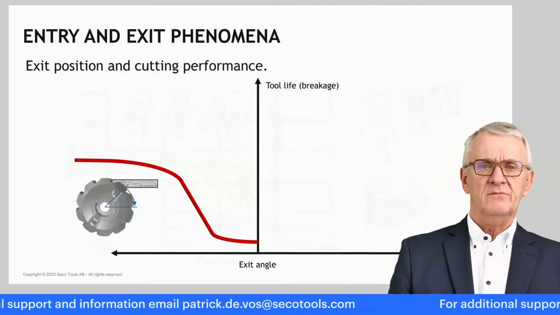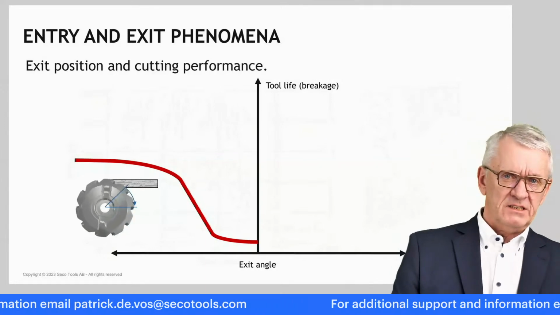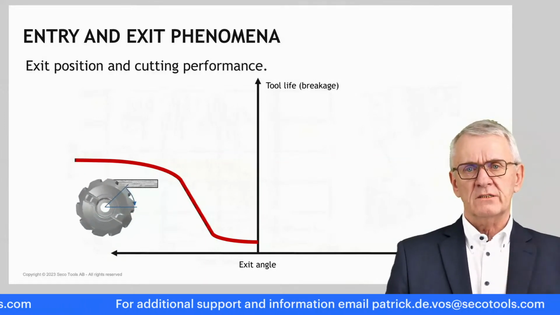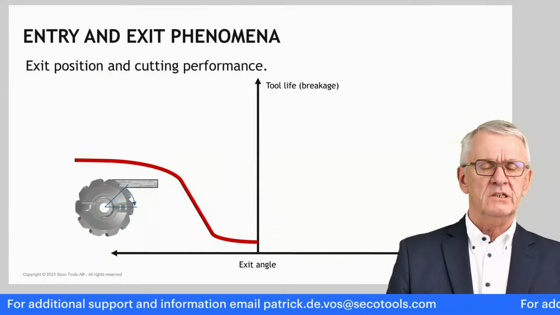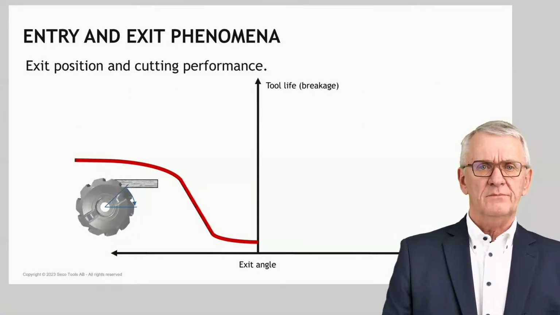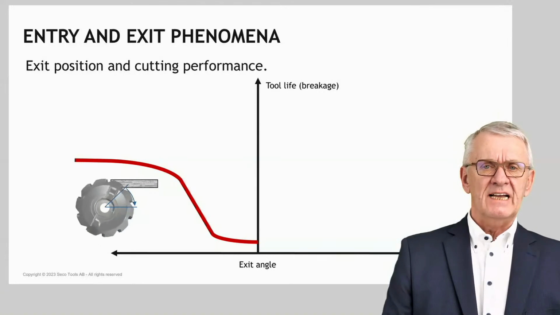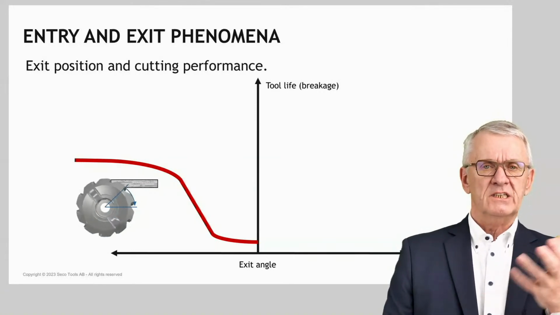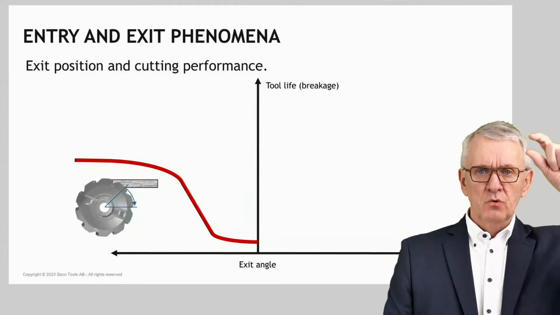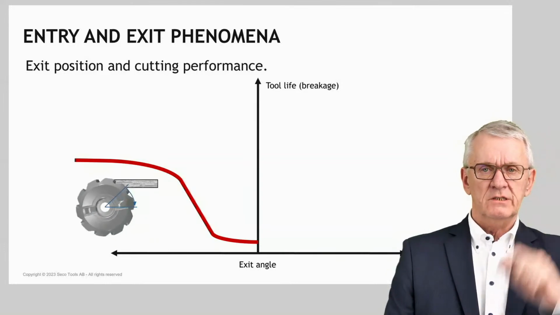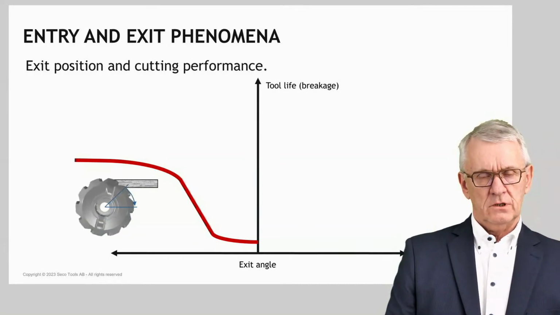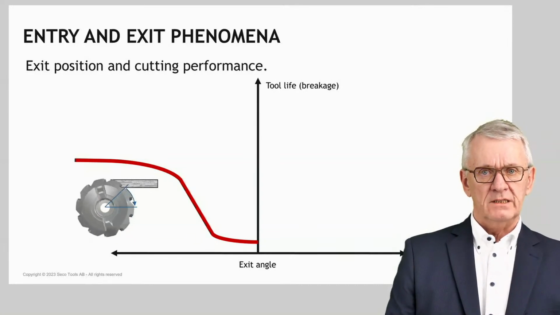If you have big negative exit angles, where the workpiece is towards the external part of a milling cutter, the periphery, you have a certain tool life, but as the exit angle approaches zero, when one could say the workpiece moves to the center of a milling cutter, you see that your tool life goes down, a bit dramatically.